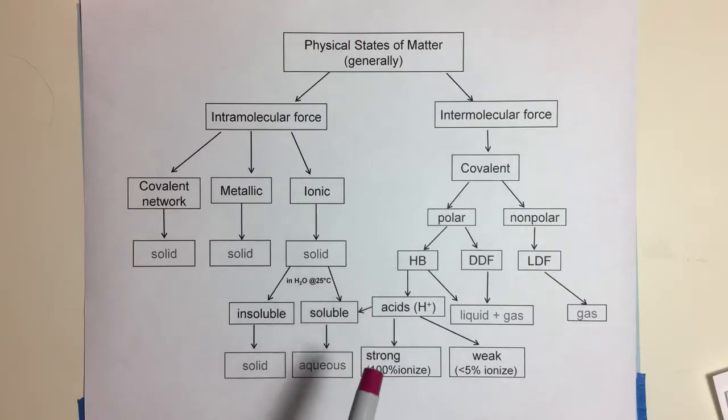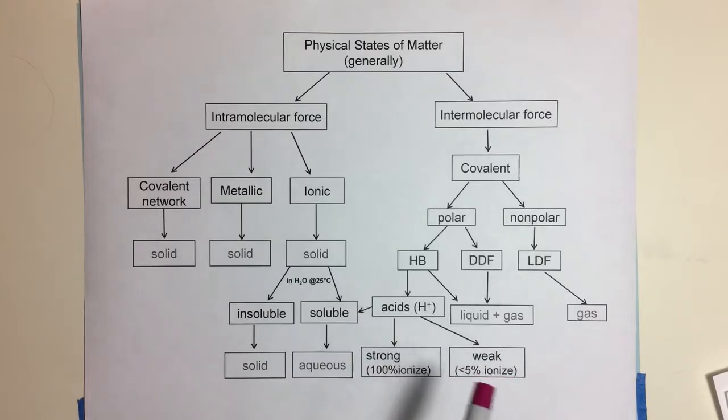Some acids are strong. The ones that are strong completely ionize, so you'll break those acids apart. Weak acids are going to ionize very partially, and so you'll see a less than 5% ionization. And in class, we talked about it as less than 10%. So it's debatable.